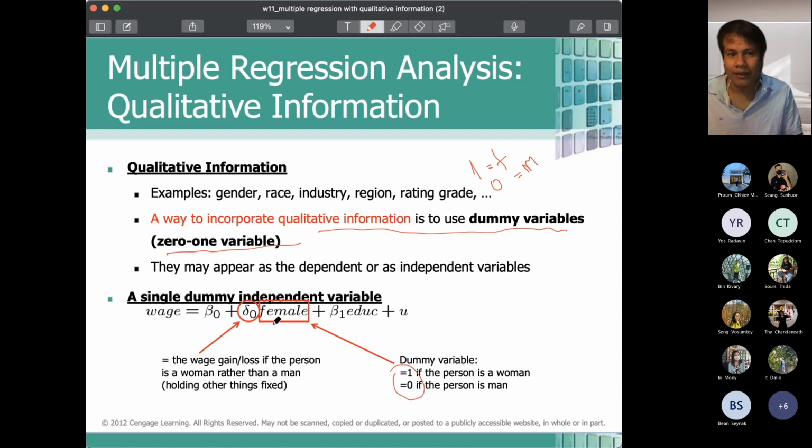What we say here is that if a person is a female, a woman, she earns this amount of coefficient higher or less than men. We will go to interpretation next, don't worry. But here we incorporate qualitative information with 2 categories, by converting it into a dummy variable.